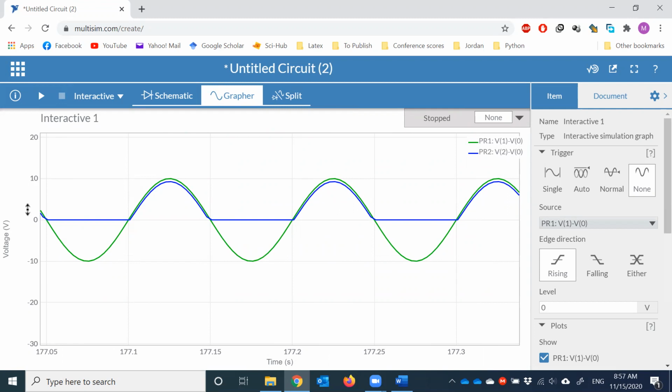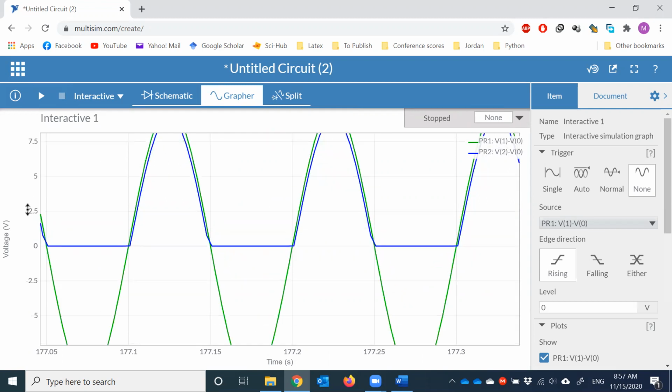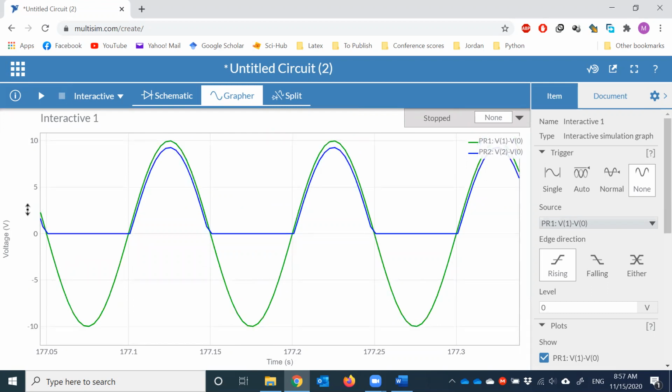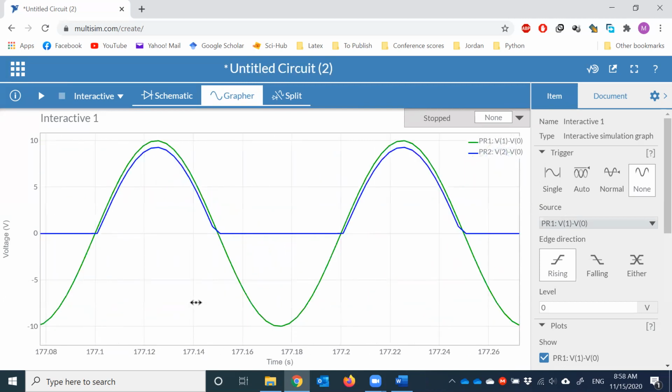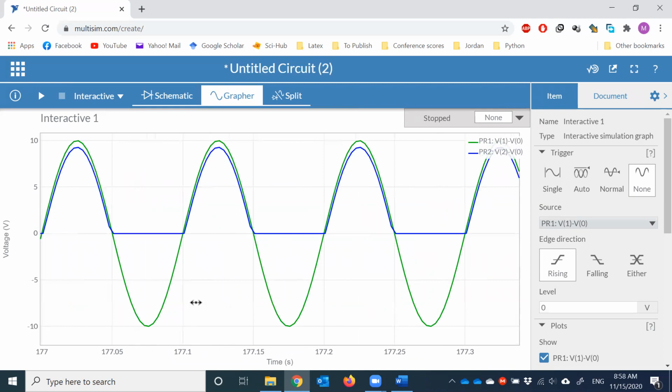Now, when you have the cursor like an up-down arrows, you can control the y-axis scale by scrolling up and scrolling down. So if you scroll up, the scale will become smaller. If you scroll down, the scale will become higher. Now, for the x-axis, easier. Anywhere in the graph, when you see the arrows pointing left and right, again, scroll up and down, and you can play with the axis.